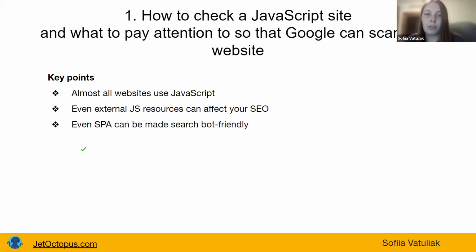If there are some issues with external JavaScript, Google cannot see all the information that you have on your website. And as you know, Google has a limit for the time it can spend on your website. And this time is a part of the rendering budget.